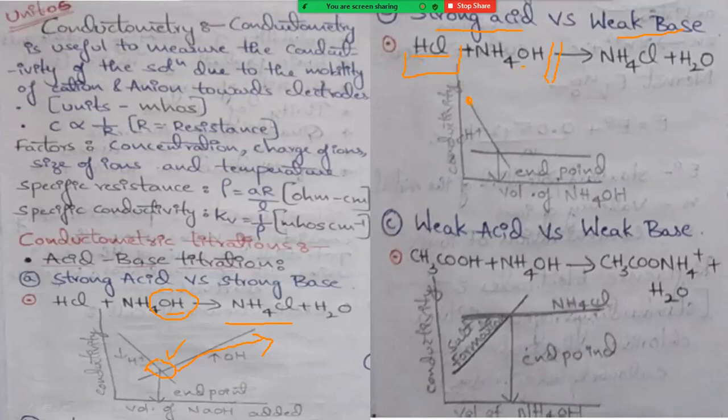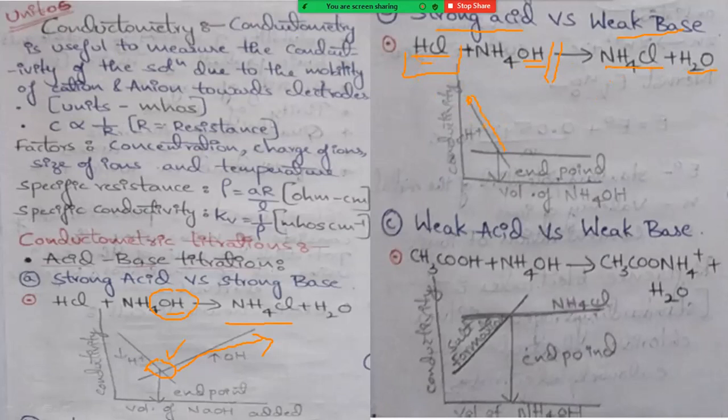But slowly, after adding OH- ions from the burette, the number of H+ ions present in the conical flask will decrease. Why? Because these H+ ions will be consumed by OH- ions, forming water. So neutralization is taking place, and the salt is forming.